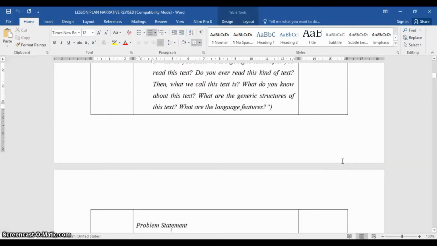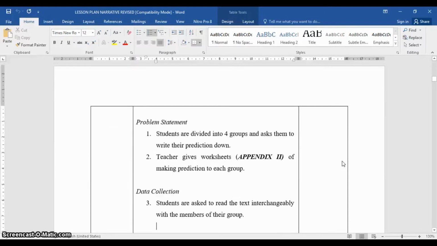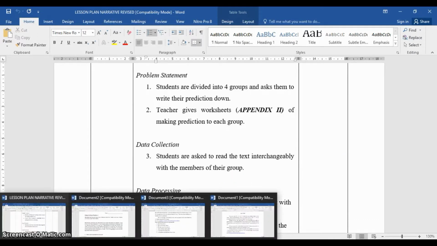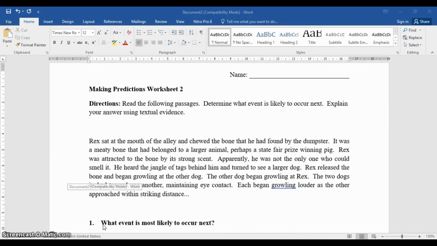And then in the problem statement, the students are divided into 4 groups and asked to write their prediction about the text that will be given by the teacher. So I will show you the worksheet.